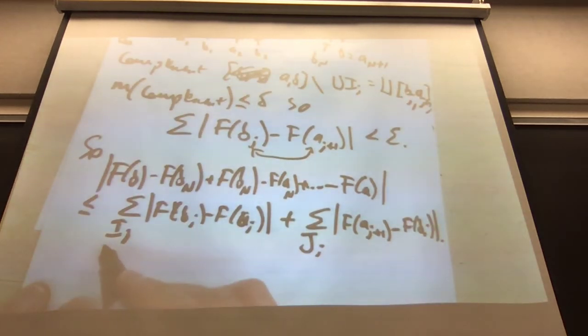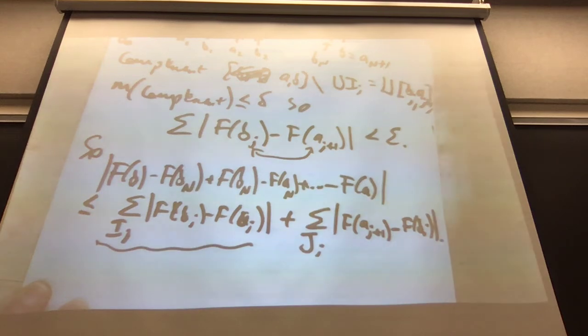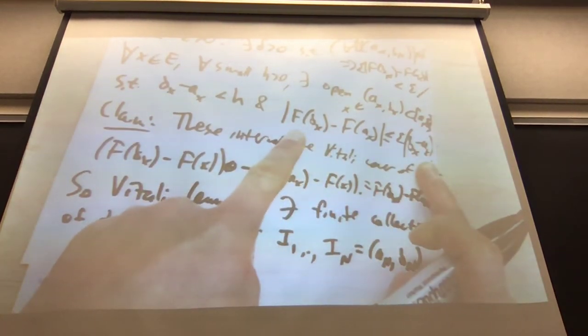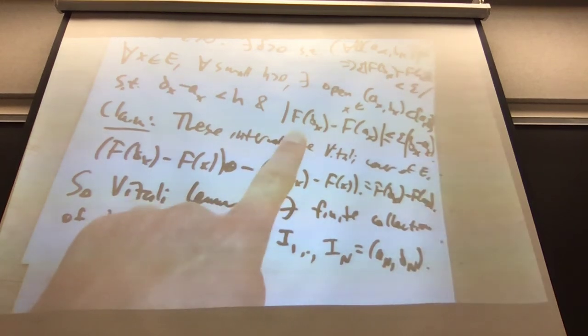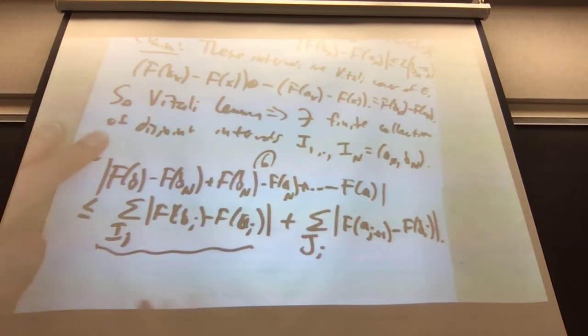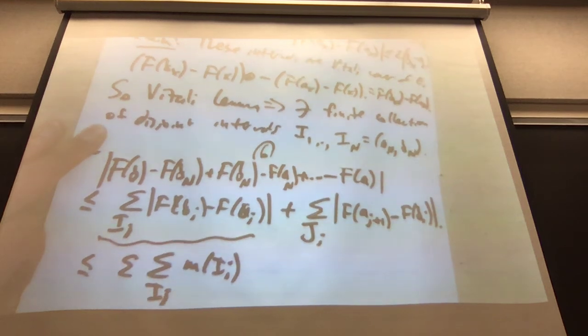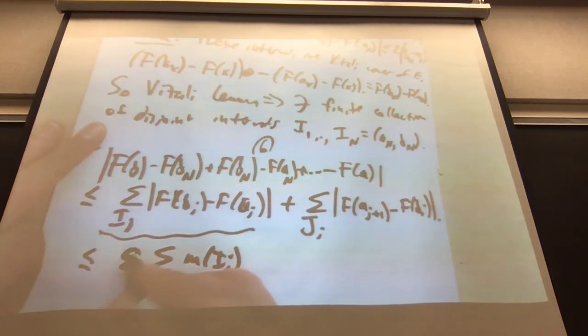Okay? Why is this small? All the way back here from the definition of these Vitali covers, each of these is less than epsilon times the measure of the interval. This is an epsilon and that's a sum.